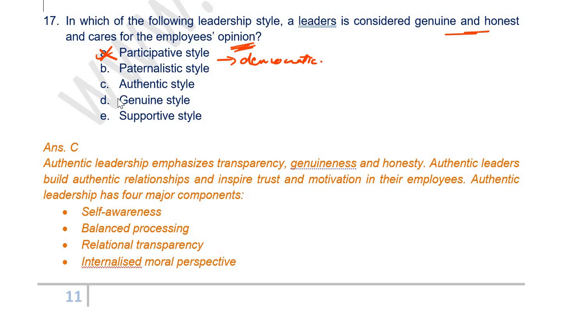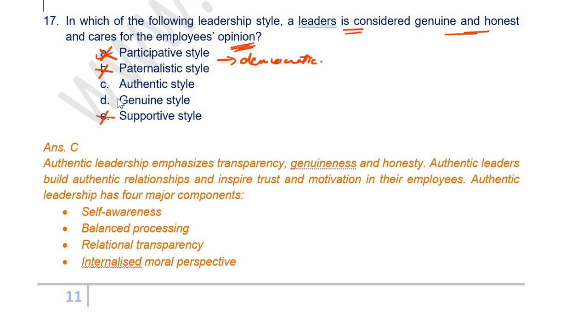A supportive style of leadership will be where you trust the employees and support them, and you have more consideration, you have more relationship orientation. So here again we are talking from the leader's point of view rather than from the employee's point of view, right? So that is again ruled out.